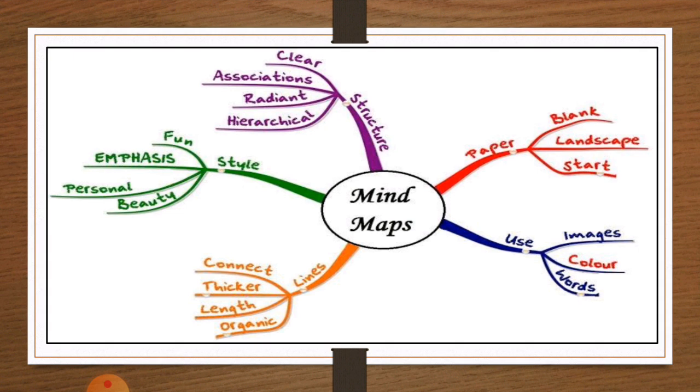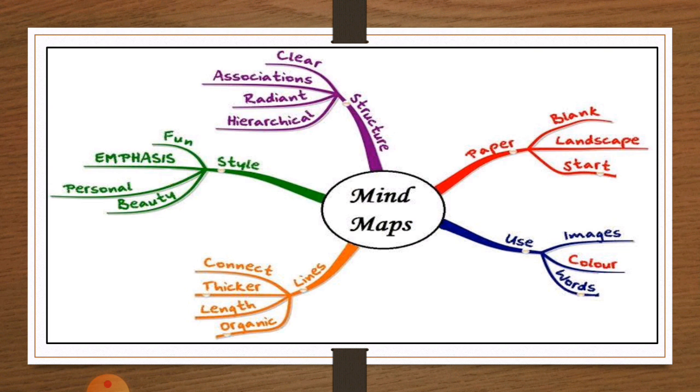This is also an example of mind map template. It also focuses on the things that you can use in your mind mapping, such as paper. It may be blank or landscape size. Then you start your pattern. You can use images, different colors and words in your mind map also.